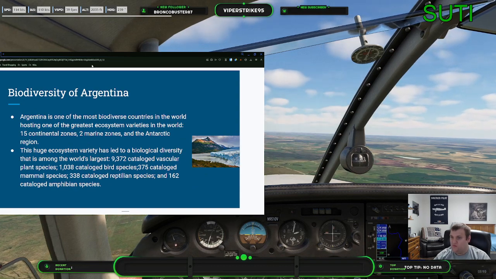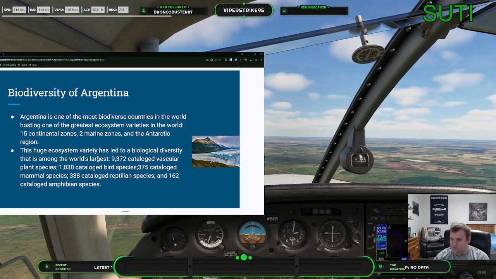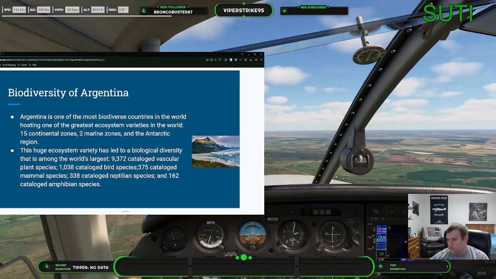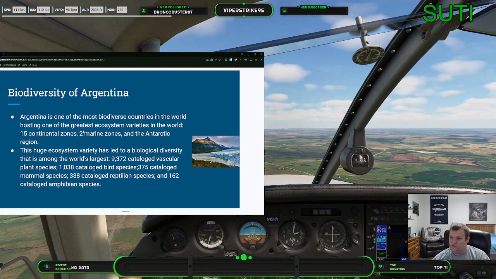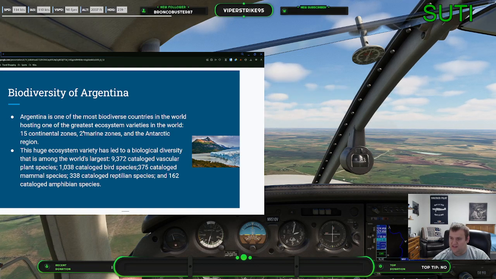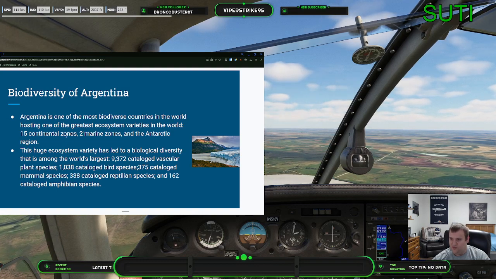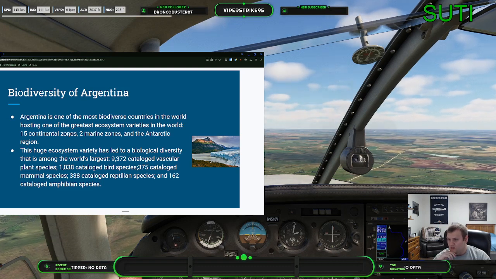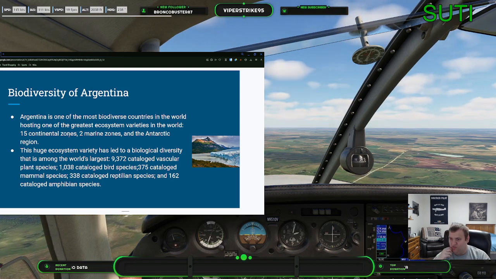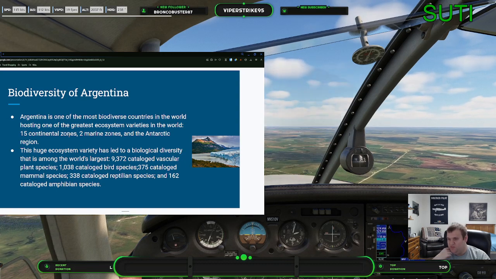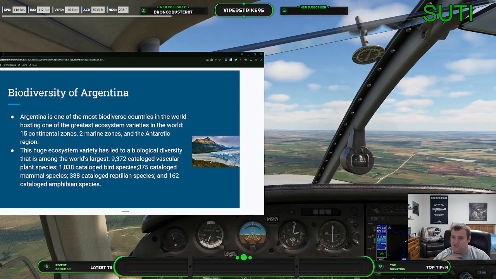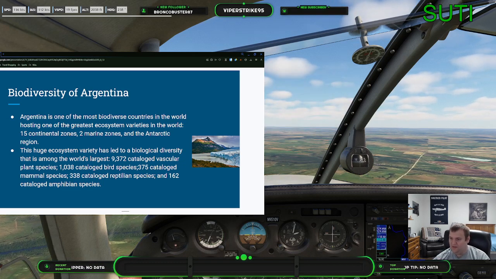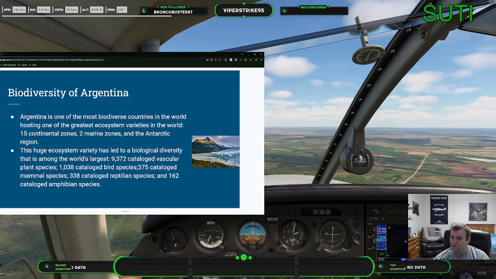Also, Argentina is really biodiverse. It's one of the most biodiverse countries in the world, and it has one of the greatest ecosystem varieties in the world. As a result, Argentina has some of the richest biodiversity on Earth, including over 9,000 vascular plant species, over 1,000 cataloged bird species, 375 mammal species, 338 reptile species, and 162 amphibian species, which is around the top 20 in the world.